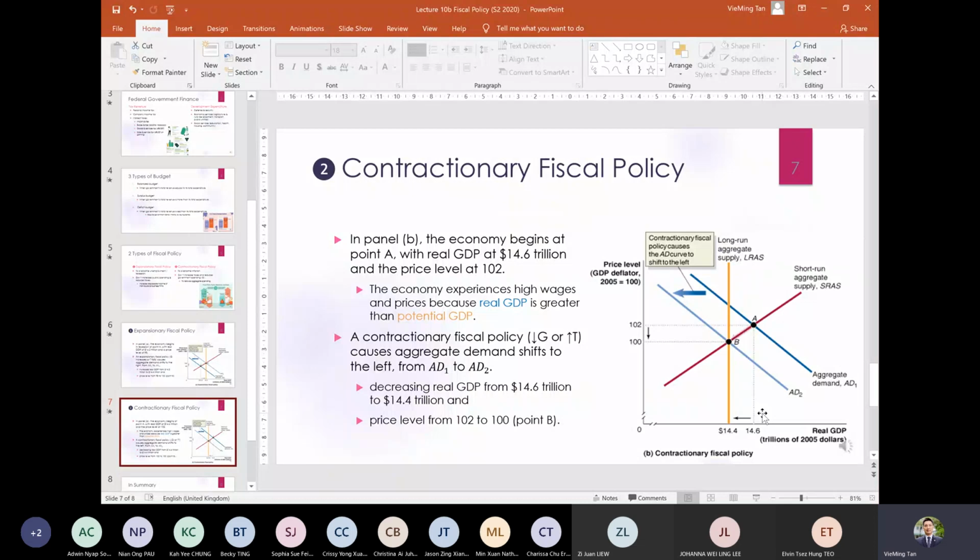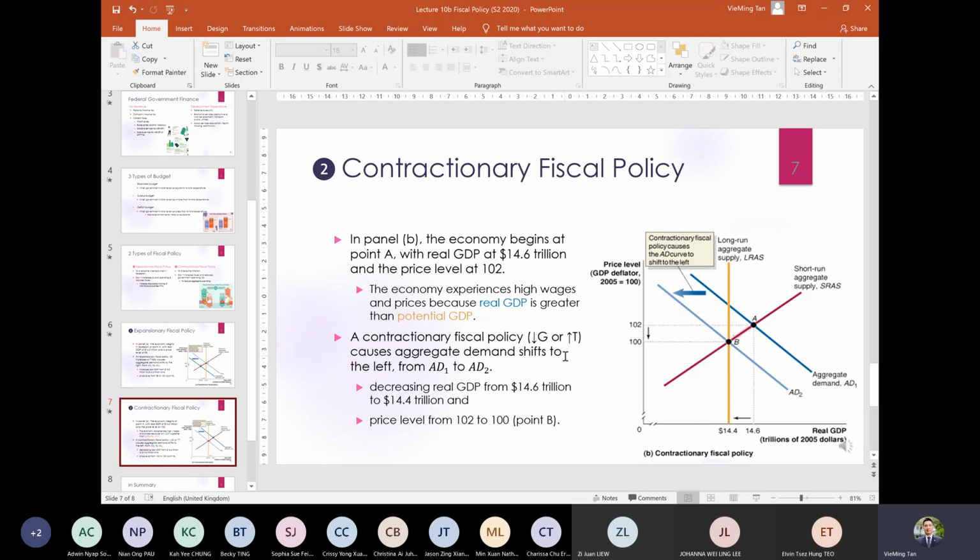If the country is practicing contractionary fiscal policy, that means the government is going to reduce spending and at the same time increase the tax on households and firms. So what is going to happen? The G is going to reduce.